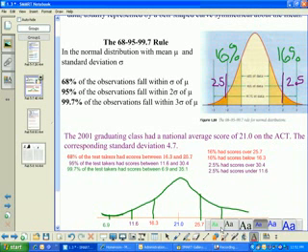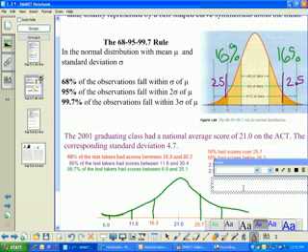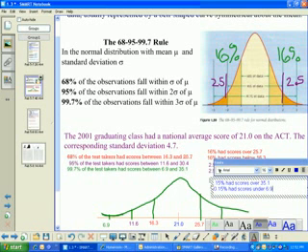Then we could do the same with our green here. If we do 100 minus 99.7, that leaves only 0.3%, so that means 0.15%, not a very large group, had scores over 35.1, and 0.15% had scores under 6.9, which those numbers should make sense to you.